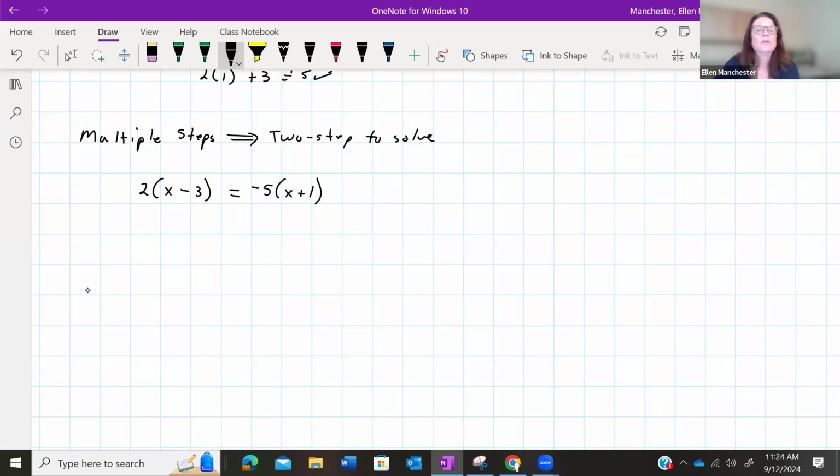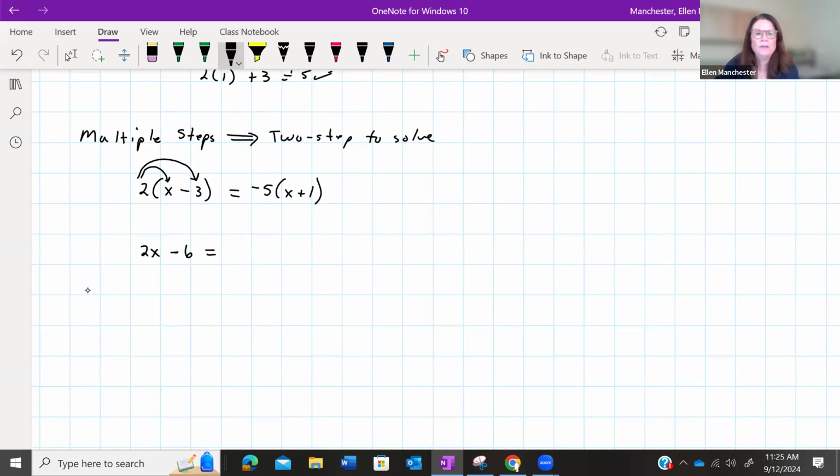All right, so what does this 2 with parentheses, x minus 3, tell you to do? Do you remember which property? I'm going to multiply the 2 by the x and the 2 by the -3 because it's 2 times that whole thing. So 2 times x is 2x. 2 times -3 is -6.